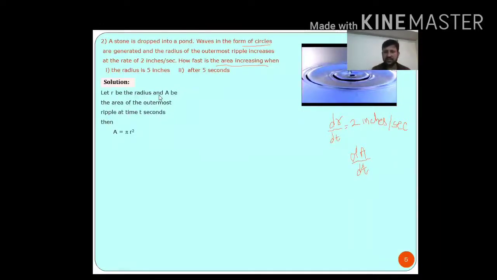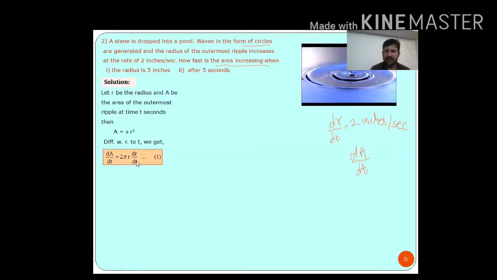Now differentiating this equation with respect to time t, we obtain dA by dt: pi as it is, r square derivative by the power rule is 2 times r into dr by dt. Hence finally we obtain 2 pi r dr by dt. This is the value for dA by dt, the rate of change of area at time t.